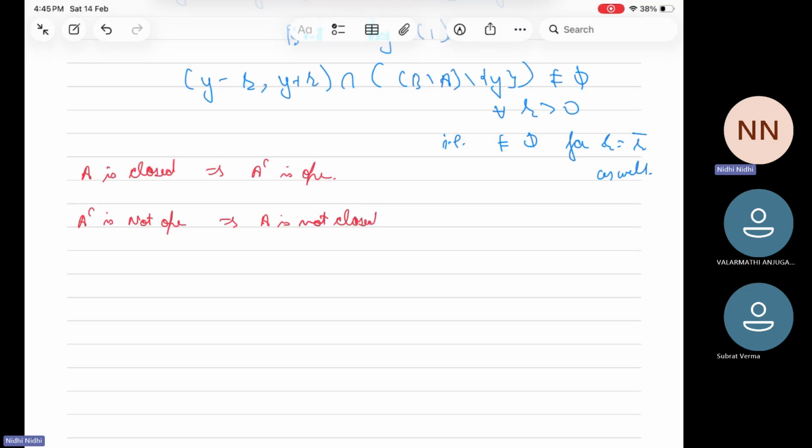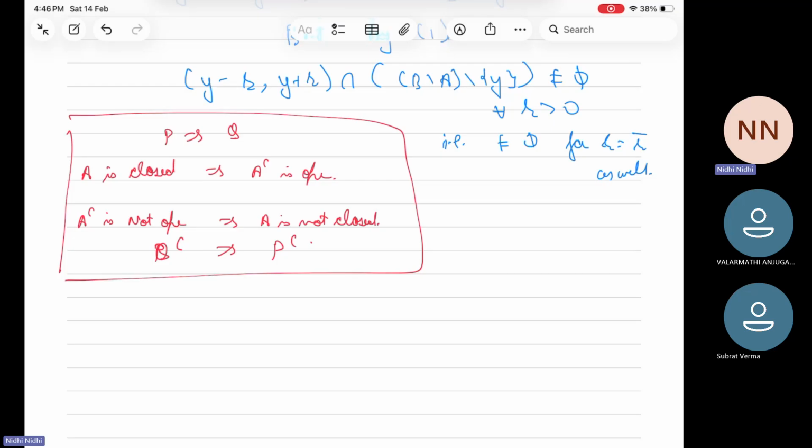Yeah, you're correct. We say that P implies Q, so not Q will imply not P. Now this is correct. Is it fine now, Subrat? Are you able to understand what she explained?